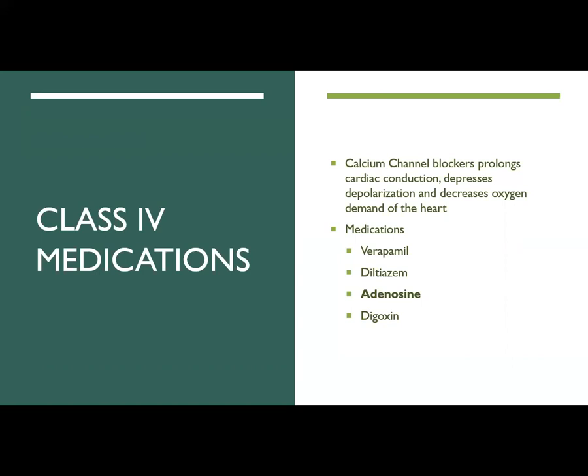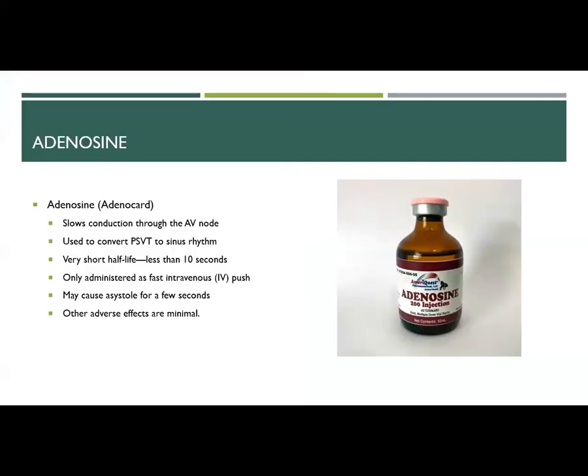We're going to talk about adenosine, and then when we get to heart failure, we'll talk about digoxin. So adenosine is interesting. It slows the conduction through the AV node, and it's used to convert PSVT to sinus rhythm. So this is another one of our ventricular rhythm drugs.